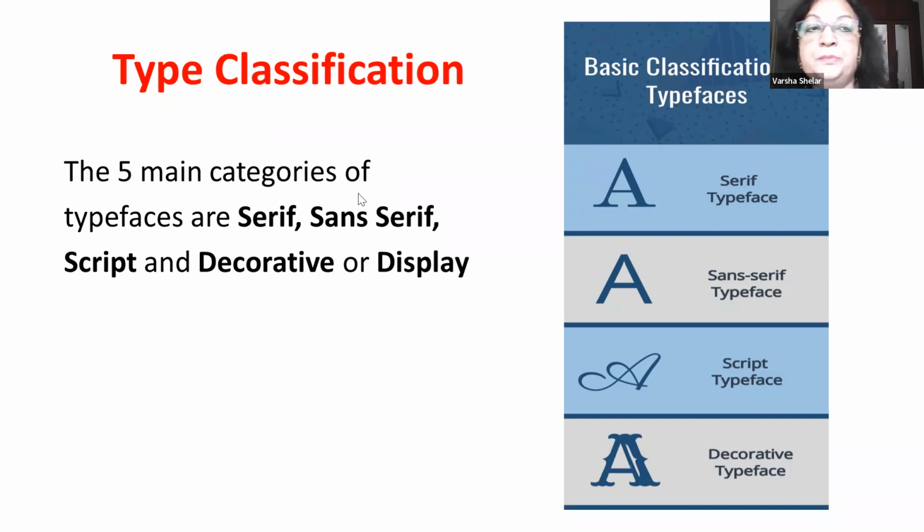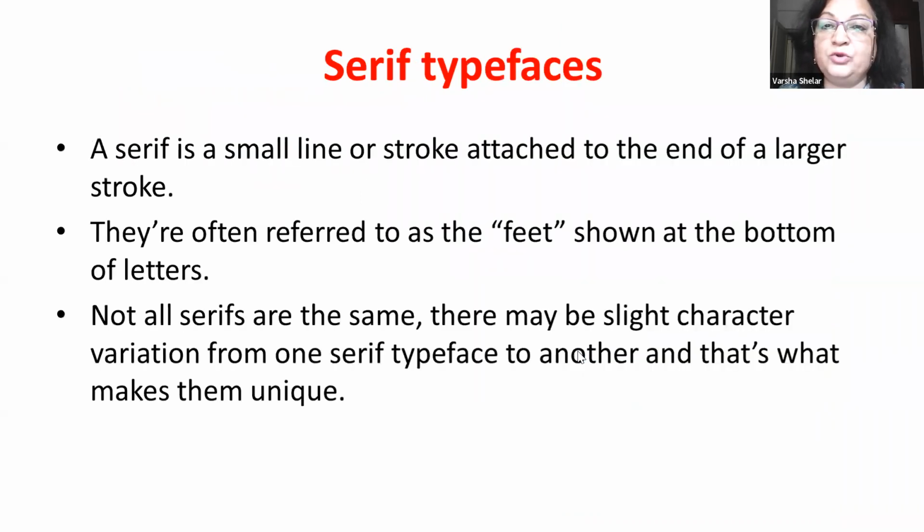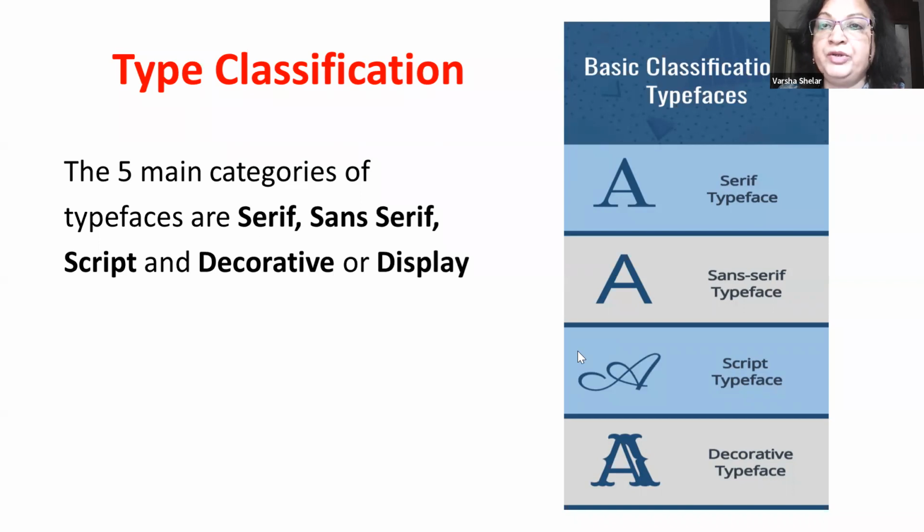These are the main 5 broad categories of type classification. Here on the right, you can see on top is the serif font, then sans-serif, then script and display type, or the decorative types. So these are the main categories of fonts.